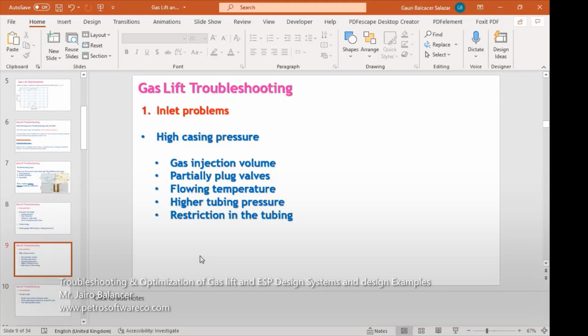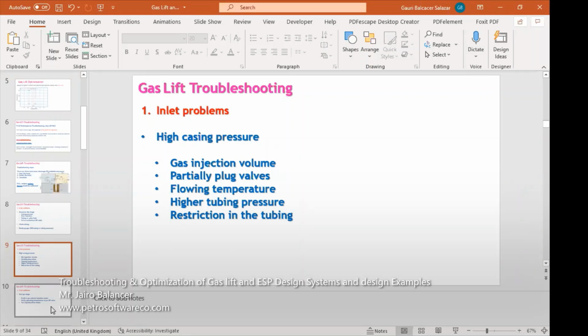Another problem is high casing pressure, from gas injection volume due to partially plugged valves. Those are sources of the potential high casing pressure. Flowing temperature, higher tubing pressure, a restriction in the tubing.